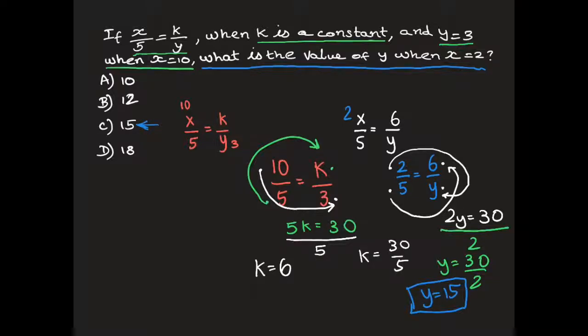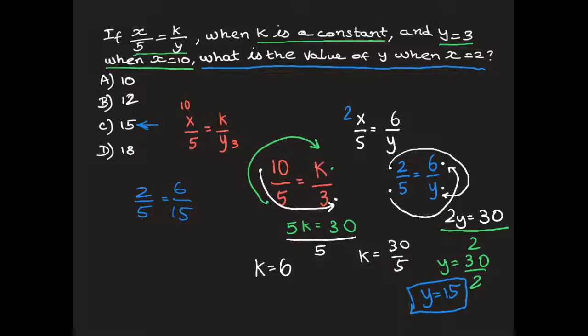Now we can go ahead and check if we aren't feeling confident in our answer. We can just plug these values back in. We can do 2 over 5 is equal to 6 over 15.